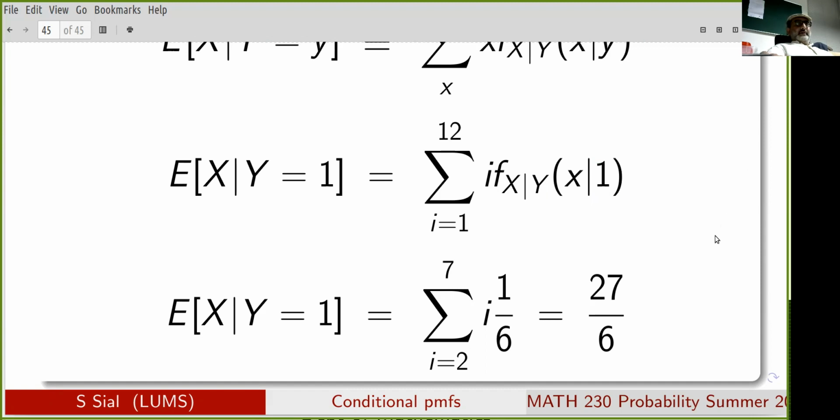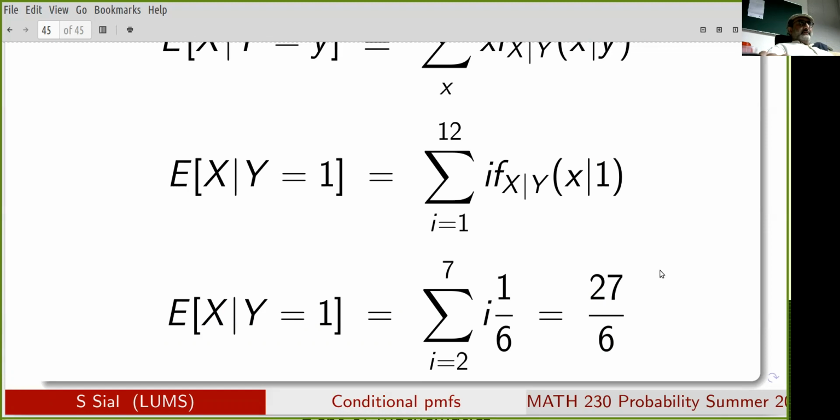Well, really, if y is equal to 1, then the sum can only go from i equals 2 to i equals 7. Take i, and then once y is fixed, the roll on the other die is fixed, and the probability for whatever that is, is 1/6. So you get 27 over 6.